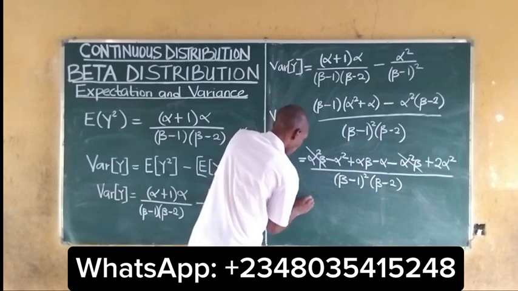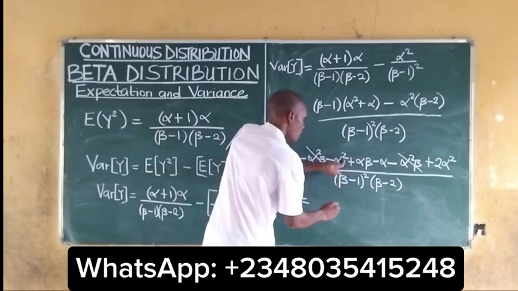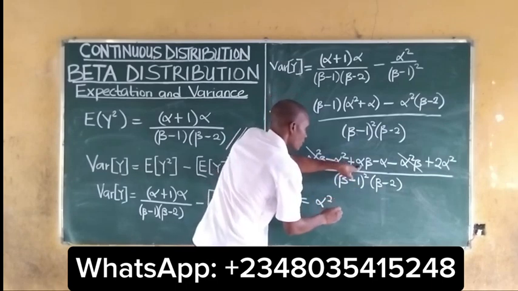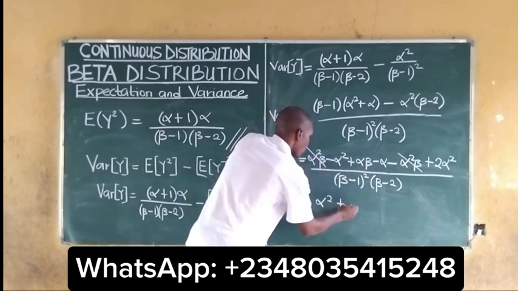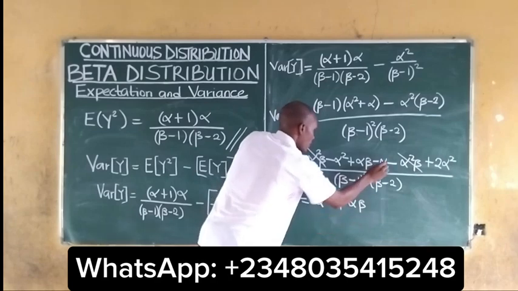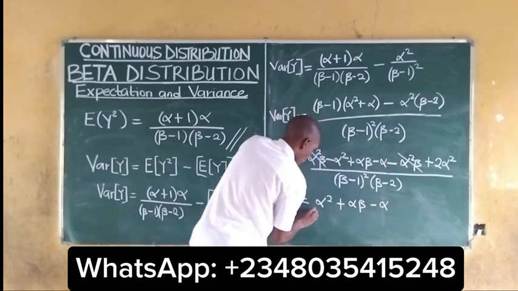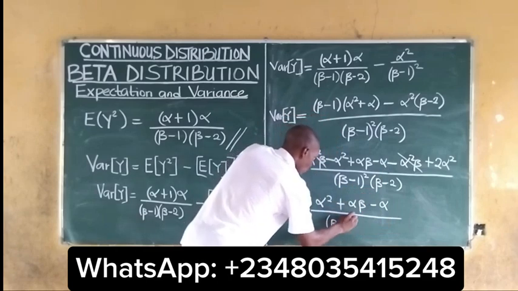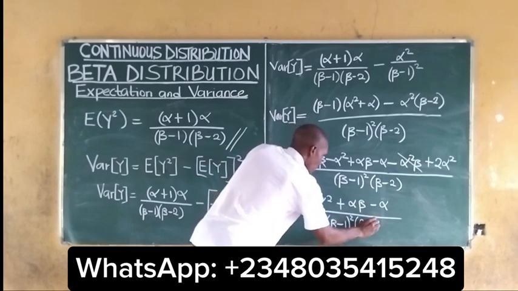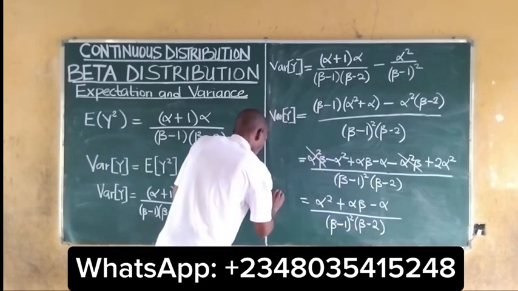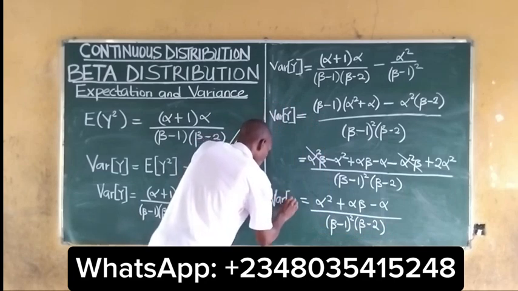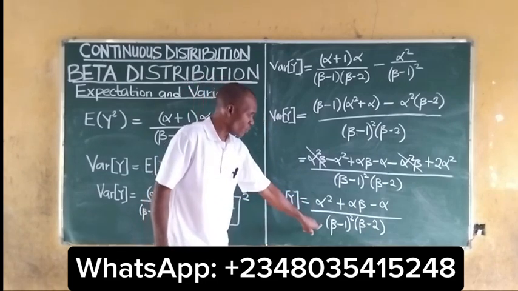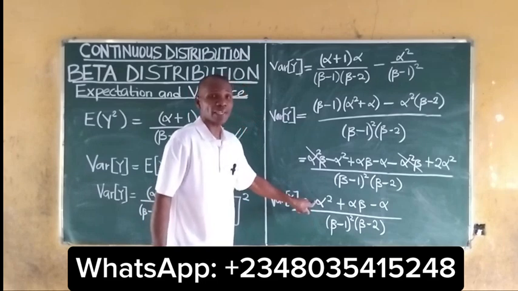So we can write this as alpha squared plus alpha beta minus alpha all over what we have here, beta minus 1 squared and beta minus 2, which is our variance of y. We can still rewrite this. Although this is our variance of y, we can open the brackets here.